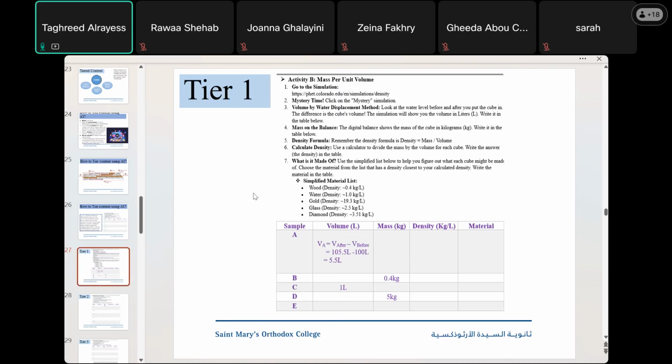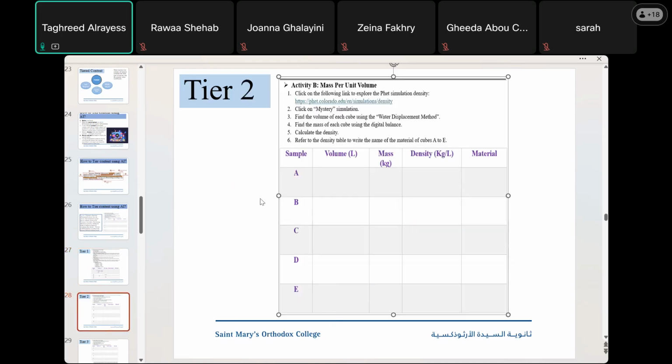Tier 1 activity sheet, it addresses the learners with low readiness levels. As you can see here, and if you have seen the original one, here we have more steps. Some steps were broken down into more than one, and we have more details, and even some cells in the table have been filled for the students, which shows a really high level of scaffolding.